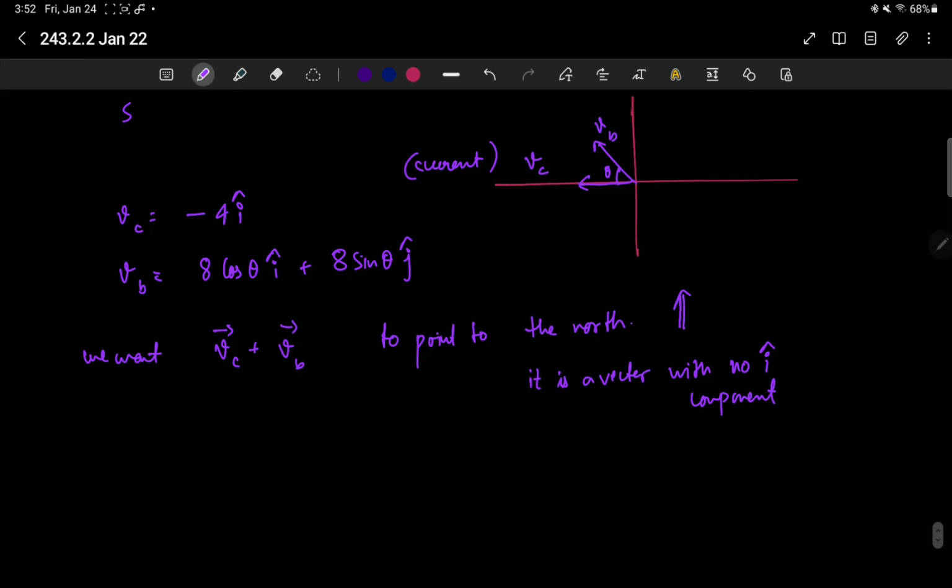That's what it means, right? So basically what we want is, we want VC plus VB to have no I cap component.